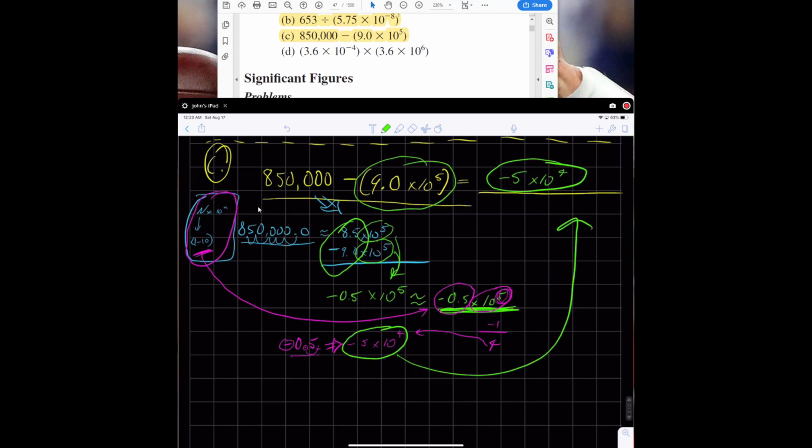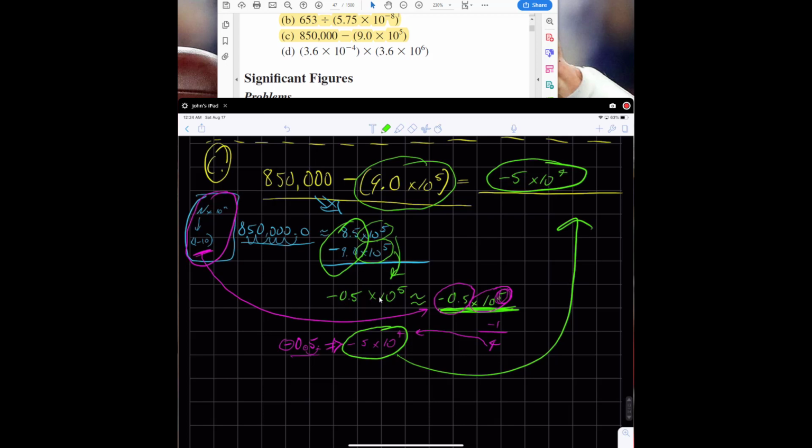So this problem was good because it had us convert this non-scientific to a scientific notation number, and then we used subtraction here, and we converted this number in such a way where we could easily just subtract this N prime part, right? The capital N portion of these two scientific notation numbers. We ended up with a number that was less than 1, where it was negative 0.5.